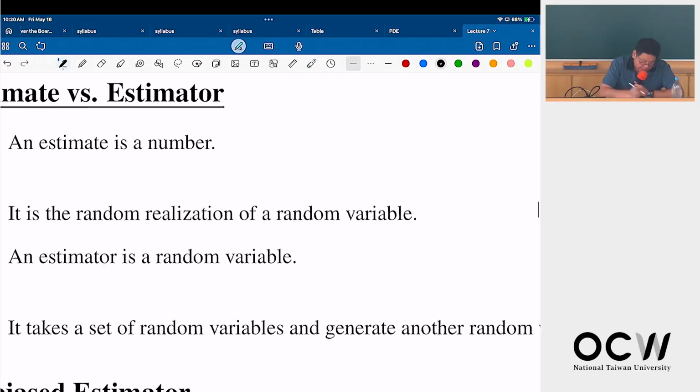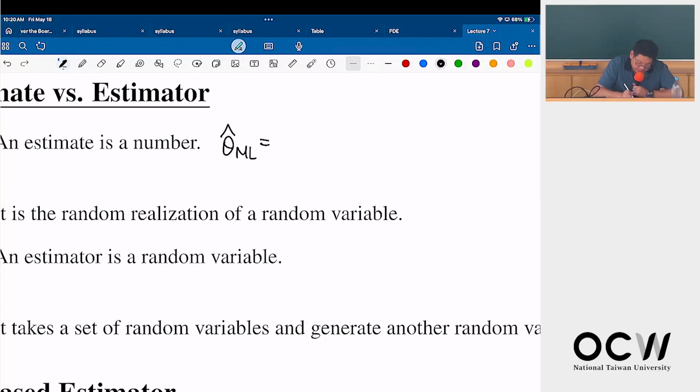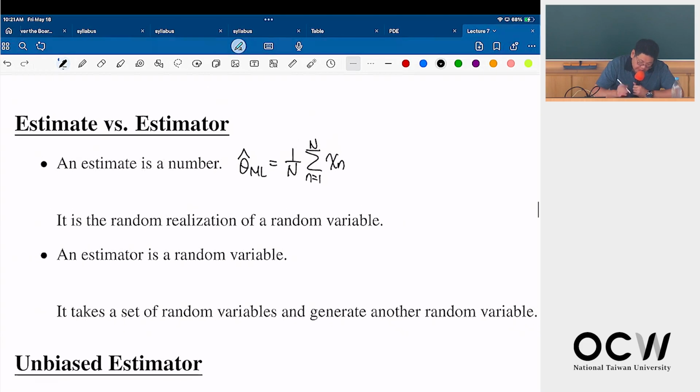For example, our best theta for maximum likelihood estimation will be 1 over n summation, or just the average. It is the estimate. So estimate is a random realization of a random variable. But an estimator is a random variable. Okay, we can write it down.